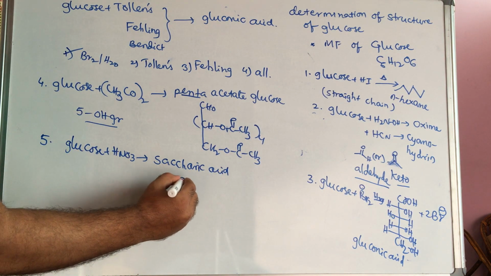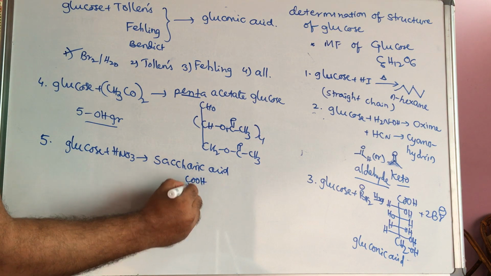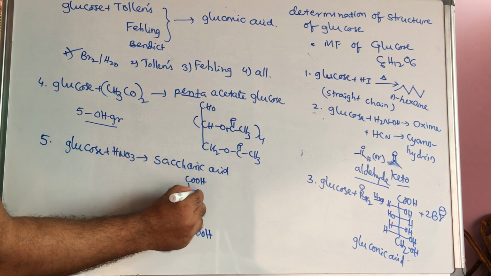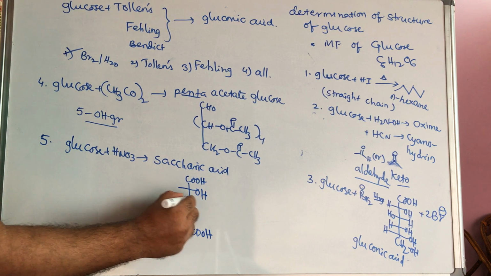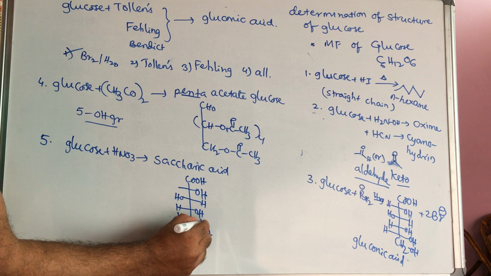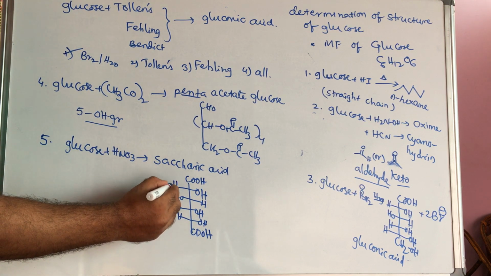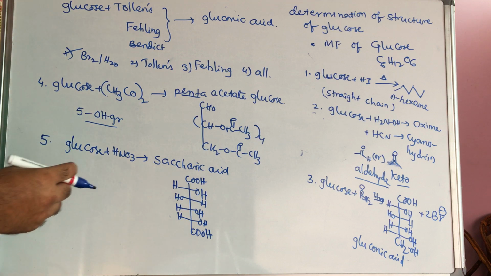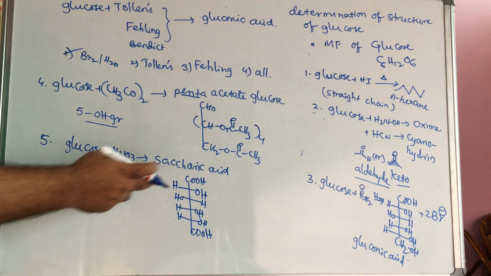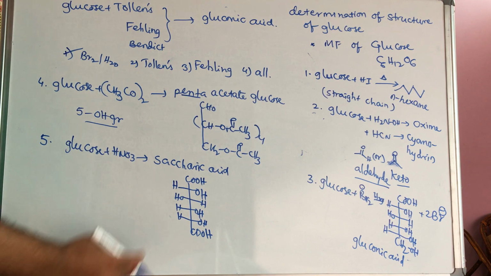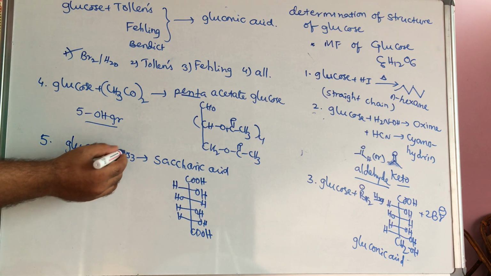What is the saccharic acid formula? COOH, CHOH, CHOH, CHOH, CHOH, COOH. This is the saccharic acid formula. Based on this reaction, we concluded that the aldehyde group is converted to COOH with HNO3. The remaining are not converted.